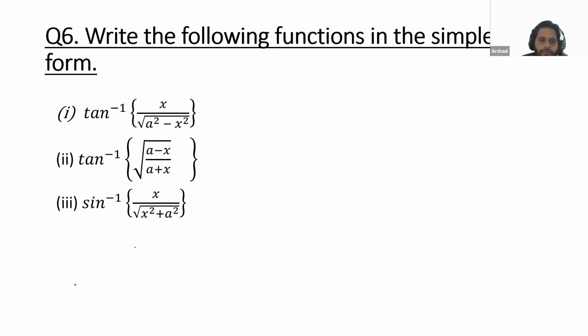Next, please try this: sine inverse x by under root of x squared plus a squared. Okay, so please check that table and check what value you can put here. So everyone, please message me on the chat box at what value we have to put over here.